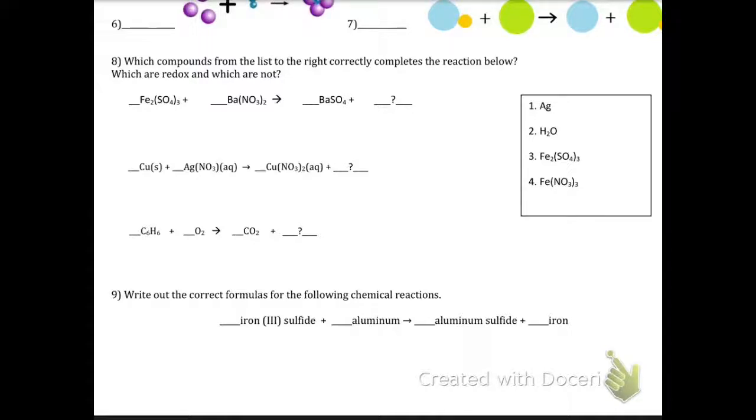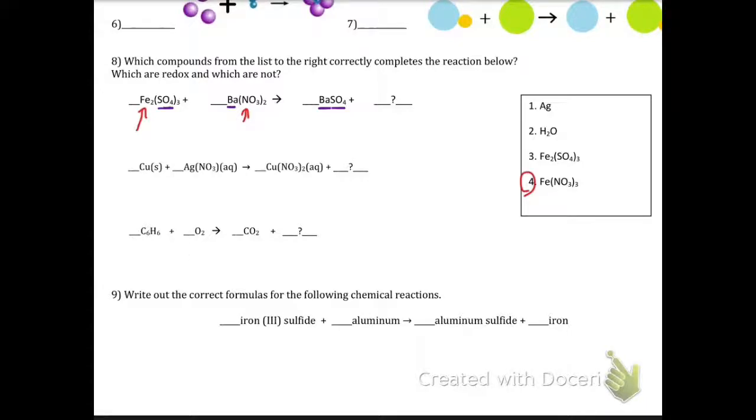Okay, so here we go. If you look here, you have a barium, barium. You have a sulfate, sulfate. So we're missing a nitrate and an iron. Nitrate and an iron is choice number 4.